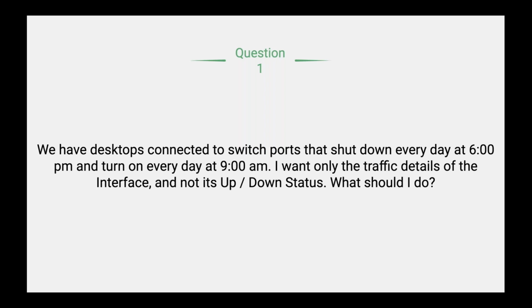And in case you'd like to have just interface traffic details and do not want the up and down alerts for those particular ports, we have an option to disable the status poll. So just give me a minute, let me show you in the UI.